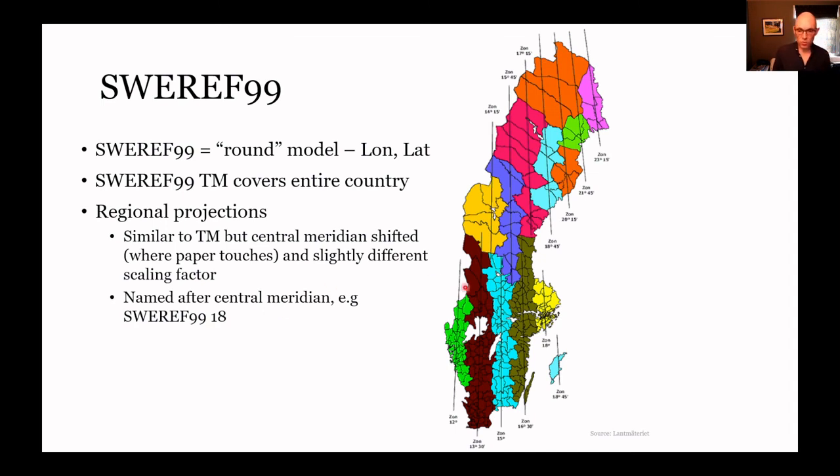And for those of you who are going to stay in the Gävle area, you can see that working across borders between two different communes could provide you with a problem if you're working in different coordinate systems. You will need to cooperate and transform your data from one to the other. And that's relatively straightforward. You're both in a SWEREF99 system, so it's reasonably simple, but it still will require a transformation. We'll get onto that shortly.